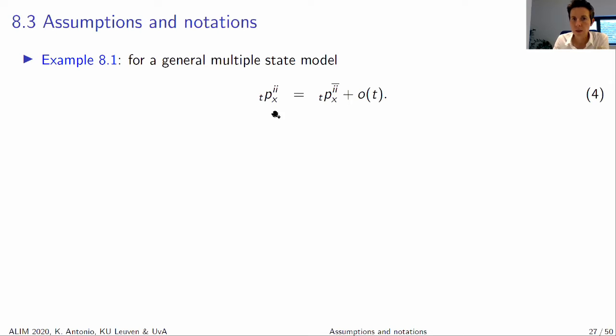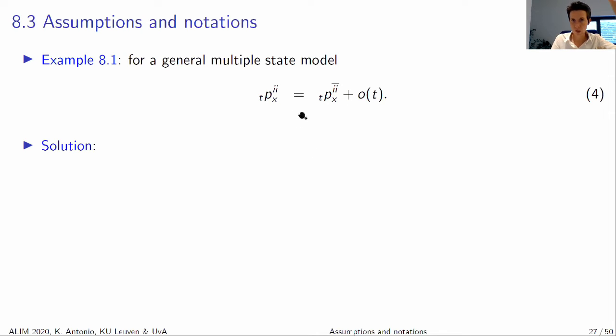Whereas here, if I look at the left-hand side, then I'm referring to the events where you start in state i at age x at time 0, and at time t, age x plus t, you are again in state i. But this includes the possibility that you left perhaps state i and went back. So that's a difference between these two probabilities that you see over here.